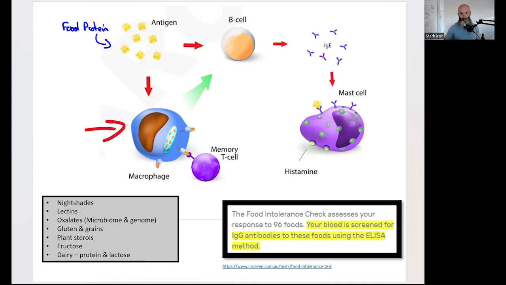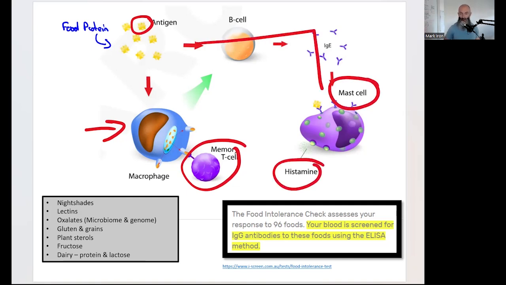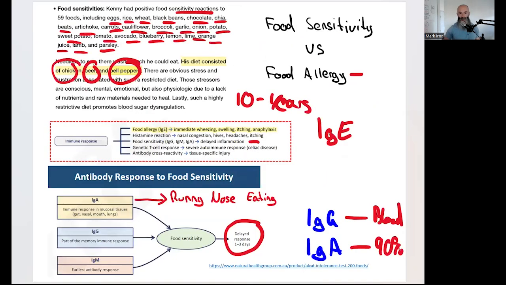And because it's a food particle that shouldn't be there, it's called an antigen. And then these memory cells that remember that that food is an issue launches this cascade, activates mast cells, histamine, everything comes down, inflammation goes, your brain doesn't work very well. And remember, it's got a delayed onset. So it's very low grade inflammation.